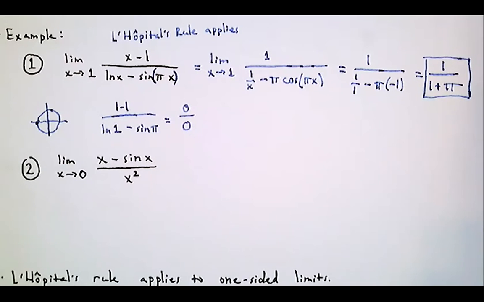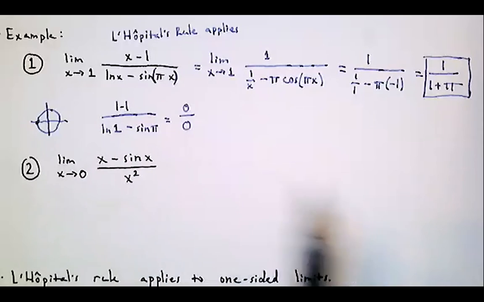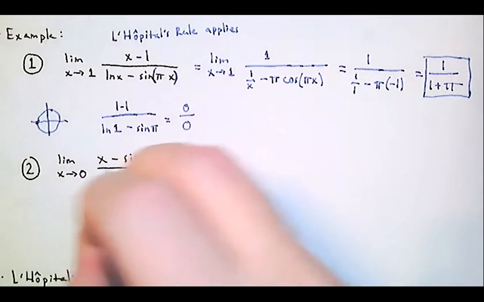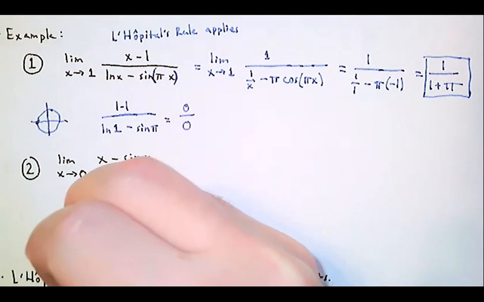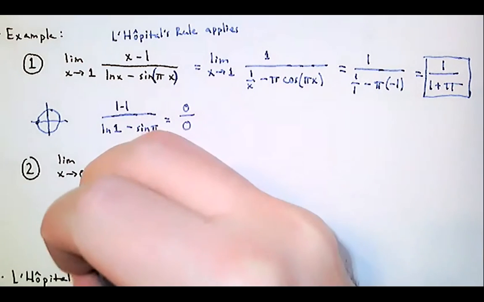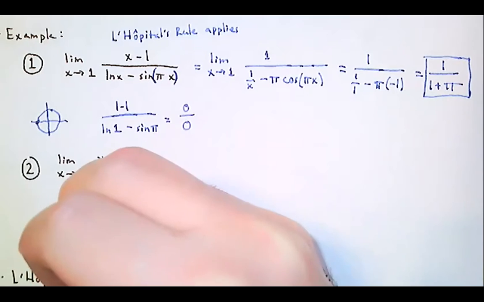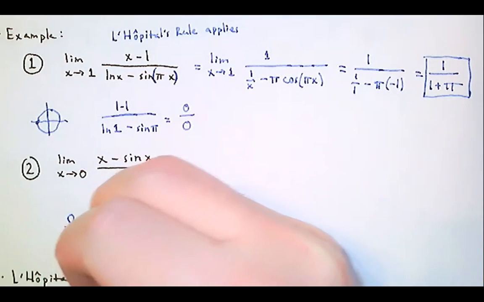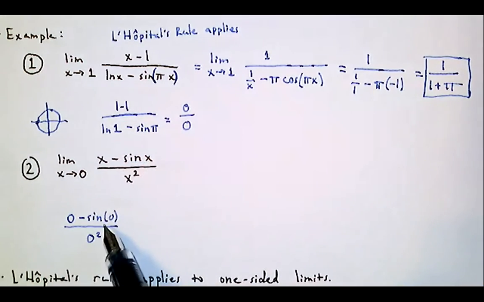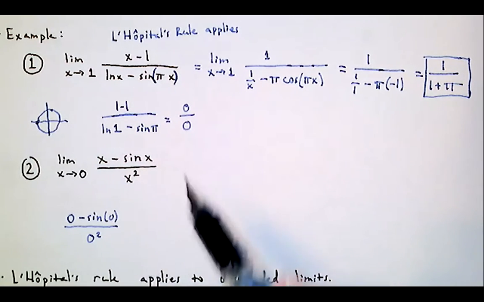Okay, so then let's do the next one. So first of all, do we need L'Hopital's rule on this problem? Let's double check. If you plug in 0, that's where we're taking the limit now, you get 0 minus sine of 0 over 0 squared. Sine of 0, that's over here on the unit circle, is 0.